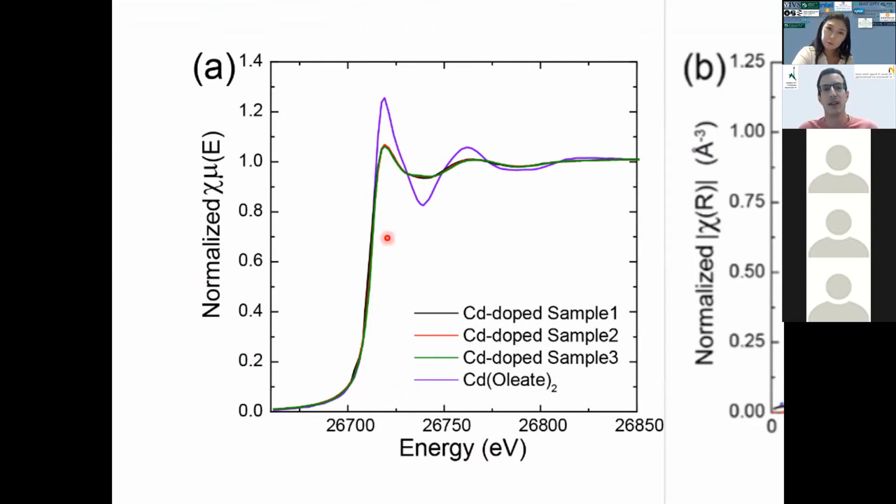What we can see here is that the oxidation state of the cadmium in the sample remains cadmium 2+, as we compare it to a cadmium oleate standard sample. The oxidation state remains 2+, which is good for us in order to have substitutional doping.